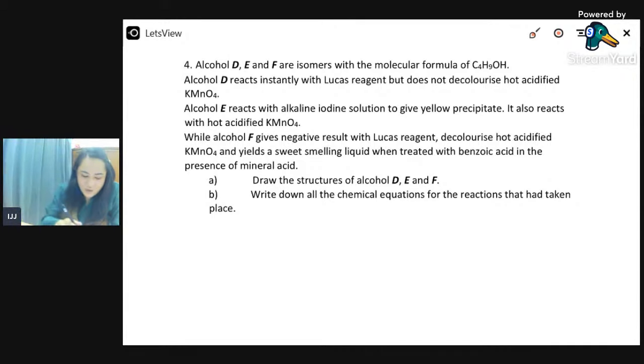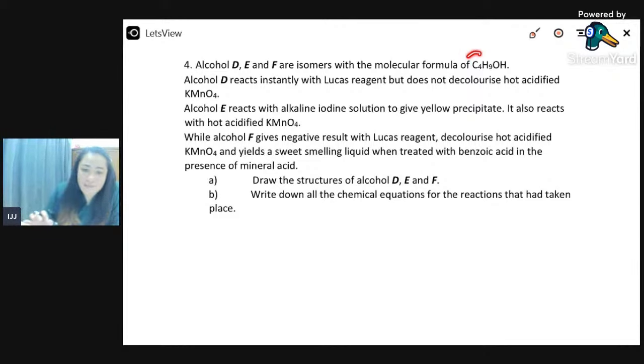Okay. Alcohol B, E, and F are isomers. So isomers, what is isomers? Cepat, madam mau pakai battery. Okay, what is isomers? Now, apa itu isomers? Isomers ialah when you have the same molecular formula but different arrangement lah.